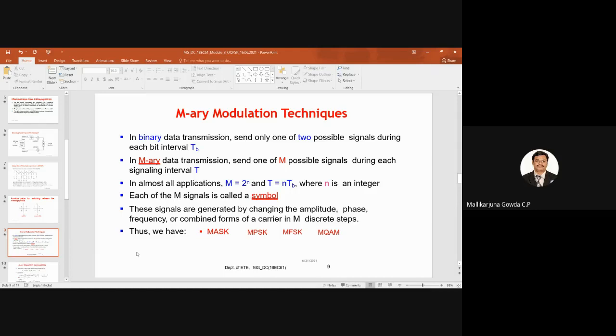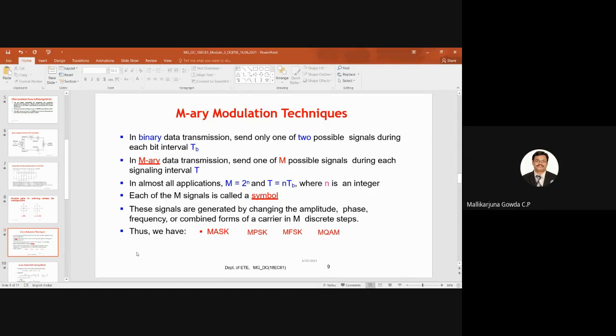So how do I relate that? Capital M, that is M possible signals during each signaling interval. Capital M is equal to 2 power small n, where n is an integer. That is M, the possible signals.